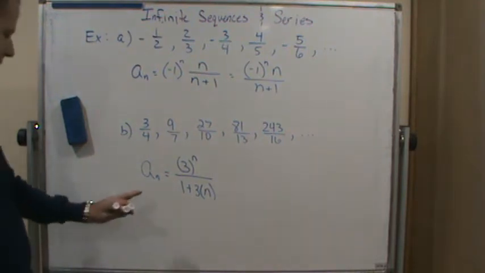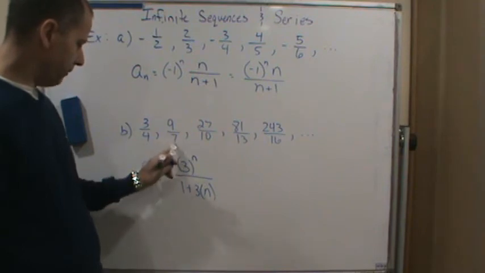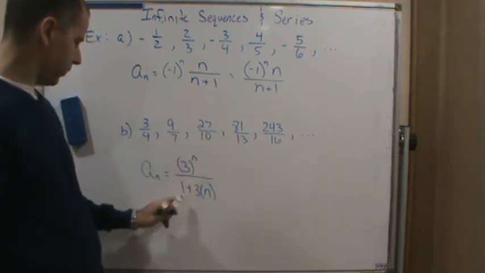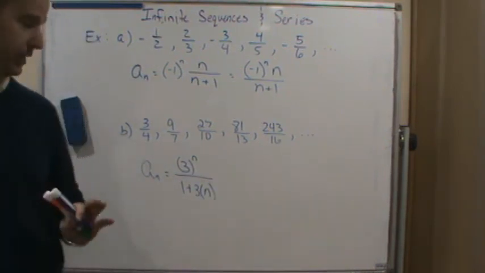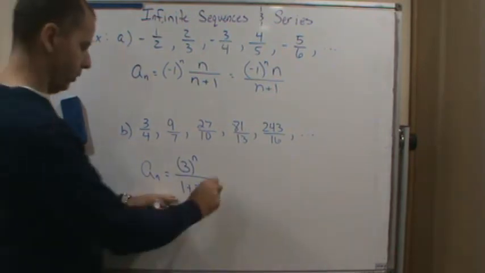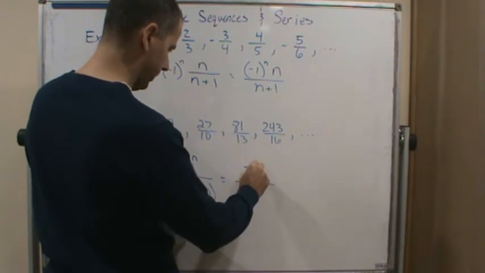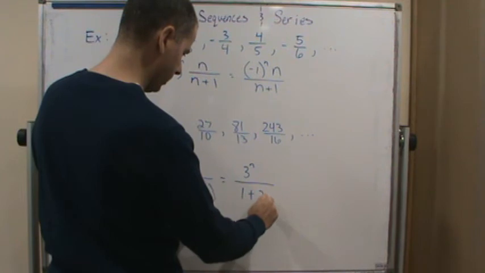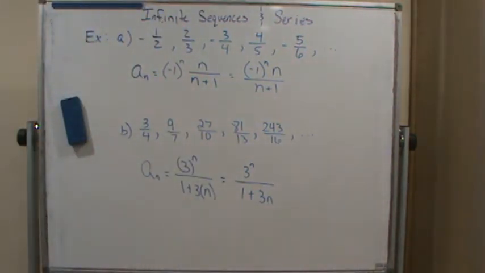And so if we have n equal to 1, we get 4, right? If we have n equal to 2, we get 7. And if n equals 3, we get 10, and so on. So this will give us the bottom number for each value of n. So if we just drop the parentheses, this is going to be 3 to the nth power over 1 plus 3n, or 3n plus 1.